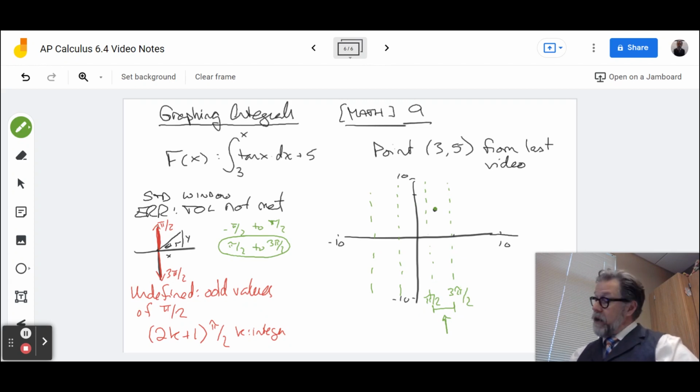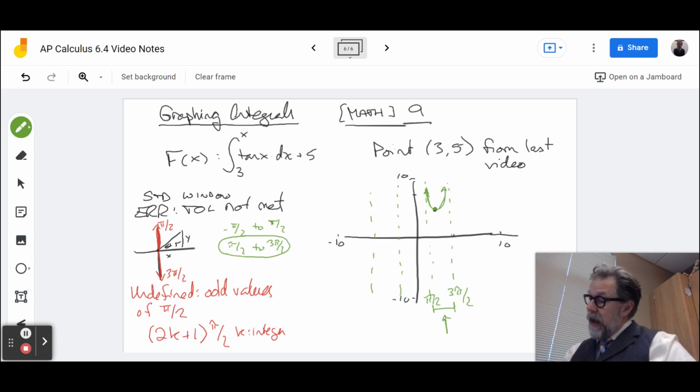So if you go ahead and graph that, choosing a window that's a little bit to the right of pi over 2 and a little bit to the left of 3 pi over 2, this is what our function looks like.